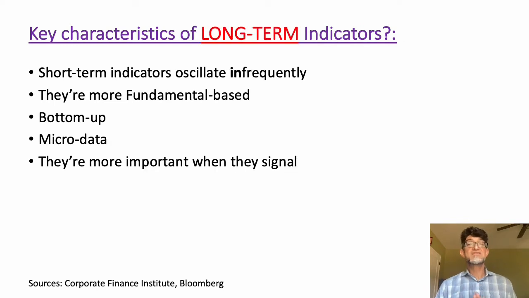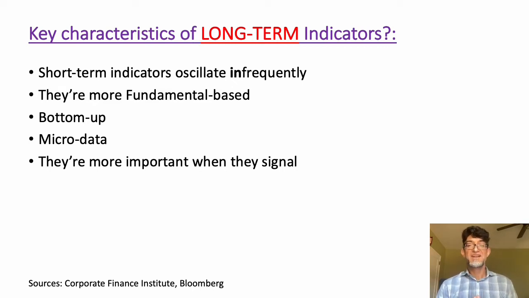So the key characteristics of long-term indicators is that obviously they tend to oscillate or move with less frequency, so they don't move around a lot. They're more fundamentally based. They tend to be more bottoms-up indicators, so you tend to look at the trees more than the forest. And they're more micro data based rather than macro data.